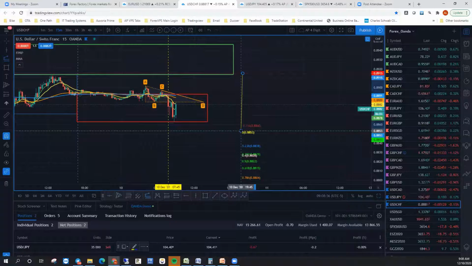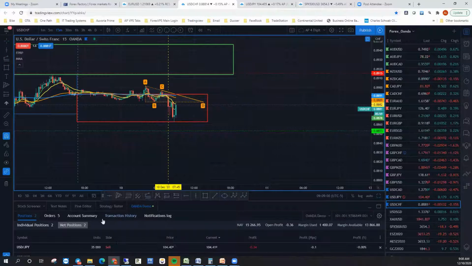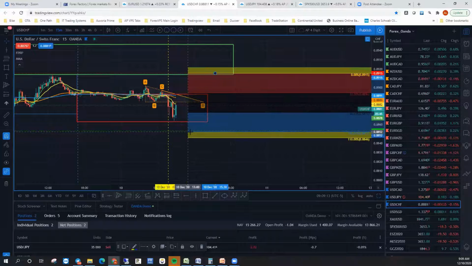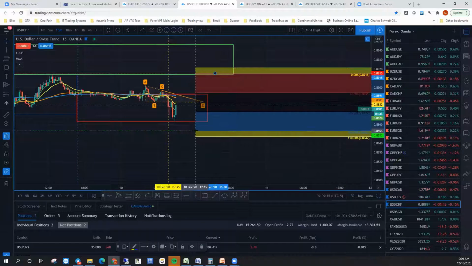I think I have the wrong tool. Yep, I do. Here's our red zone. Here's our green zone. It's right in the middle of the whole thing. It came down and retested within a portion of this.